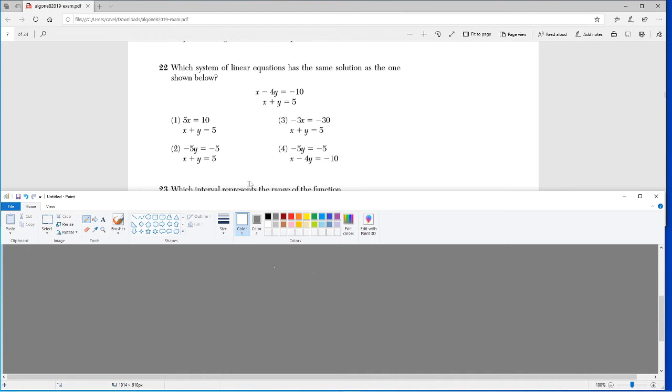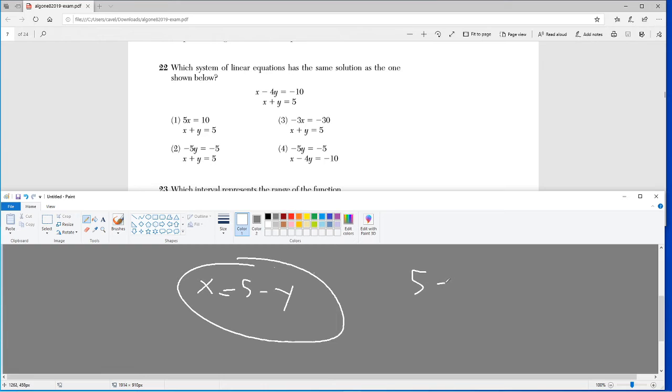Number 22. Which system of linear equations has the same solution as the one shown below? Let's just solve for this. We have x plus y is equal to 5, so x is equal to 5 minus y.